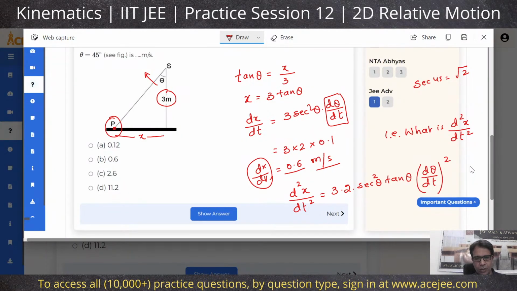D theta by dt is constant, which means d2 theta by dt2 will be 0. So this is what you will get. So 6 times, then we can figure out the rest. 2 into 10, 45 is 1, into d theta by dt, which we know is 0.1 squared.